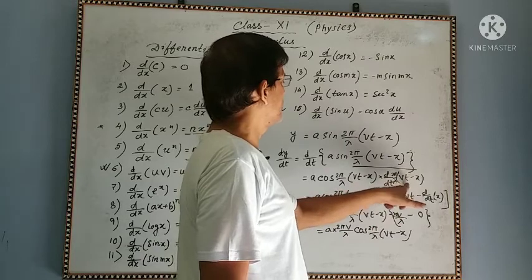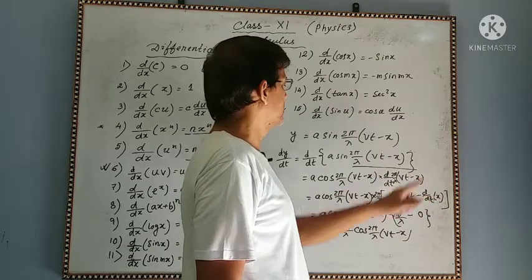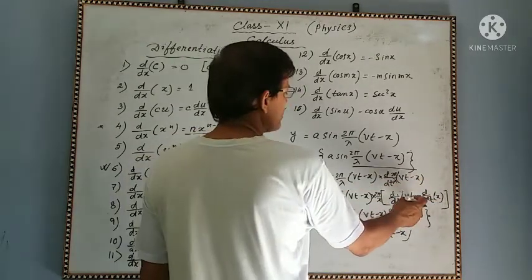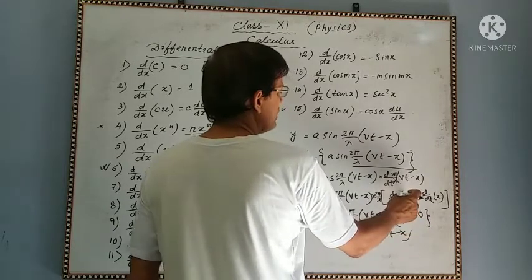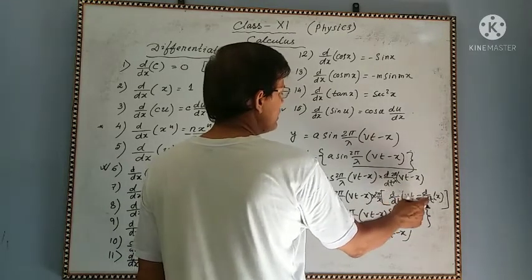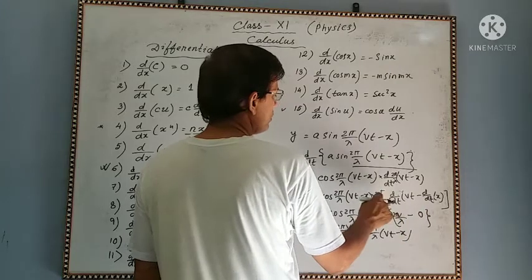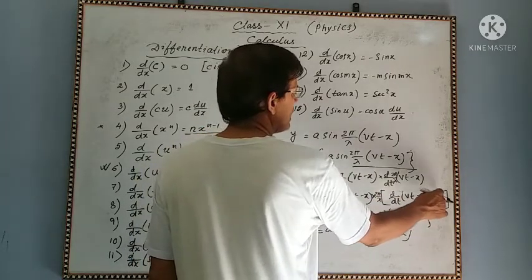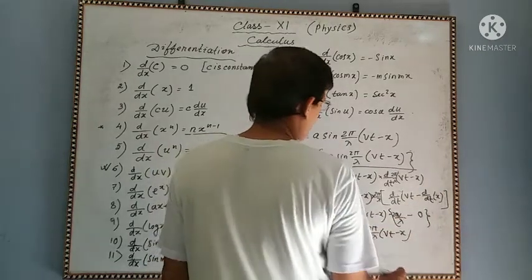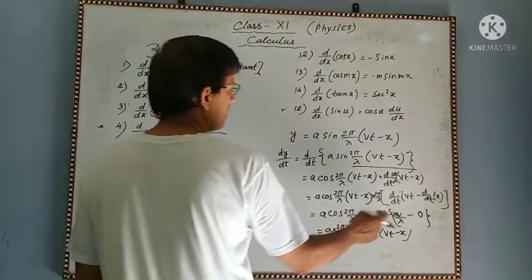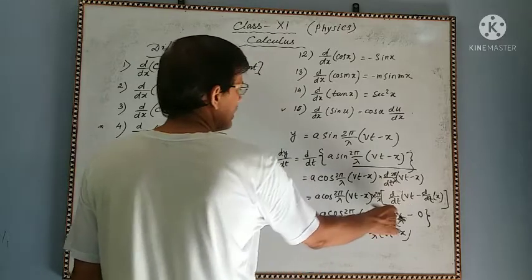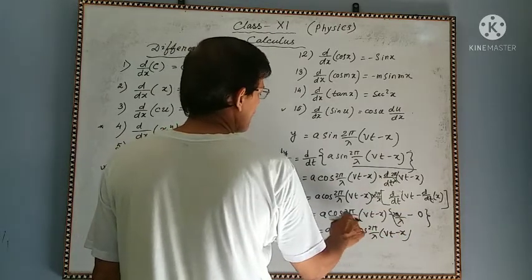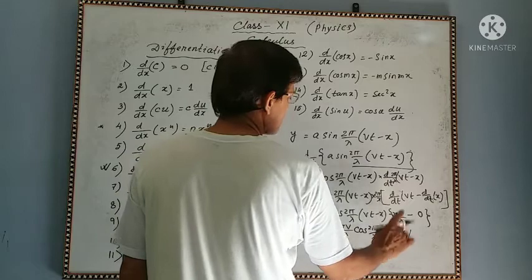So differentiation of this plus minus differentiation of this, and differentiation of this means V d by dt of t. d by dt of t means 1. So 2 pi by lambda into V, minus d by dt of x means 0. So what we are getting? This is taken first, a 2 pi V by lambda cos of 2 pi by lambda (Vt minus x).